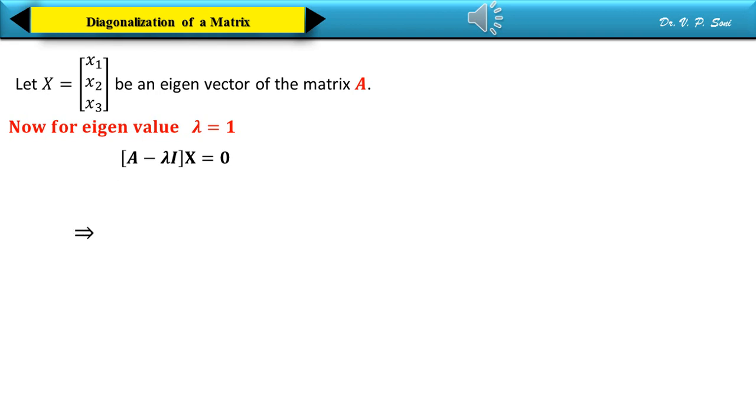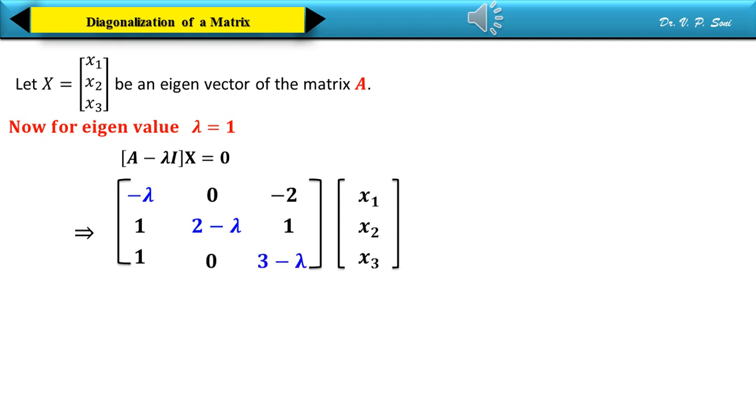This implies matrix whose first row minus lambda, 0, minus 2, second row 1, 2 minus lambda, 1, third row 1, 0, 3 minus lambda, into column matrix x1, x2, x3 equal to column matrix 0, 0, 0.